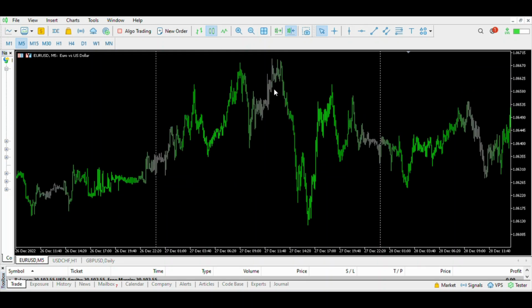So having a look at all this, it's very hard for beginners to know how to draw accurate supply and demand zones. So there's a supply here. How do you draw that accurately? Do you draw it from the top here to that bottom there, which is what I will do?